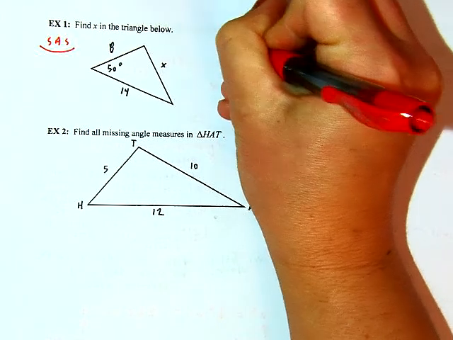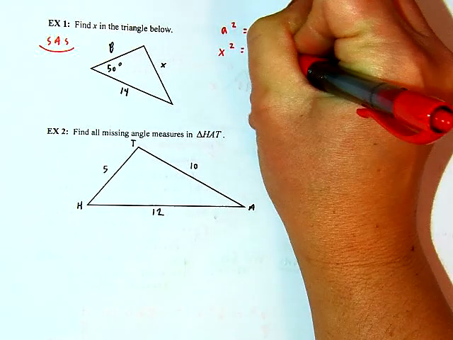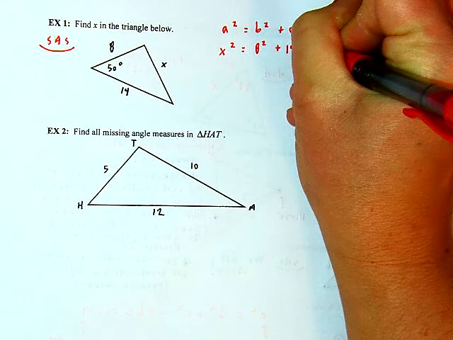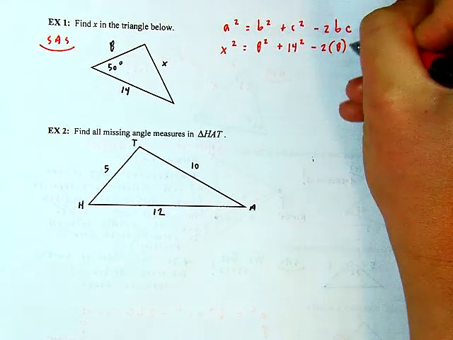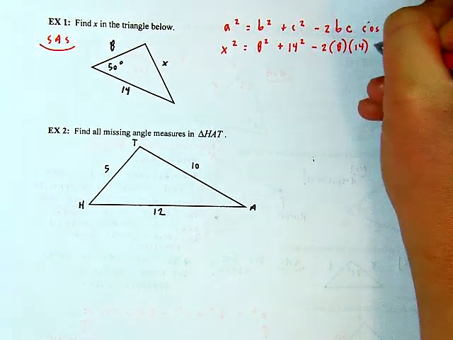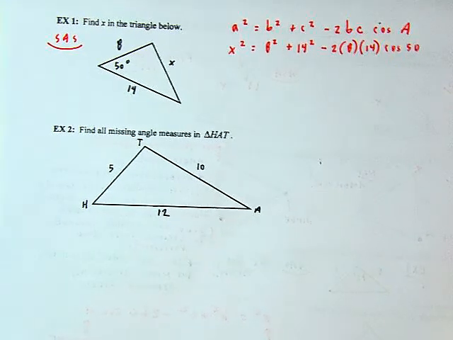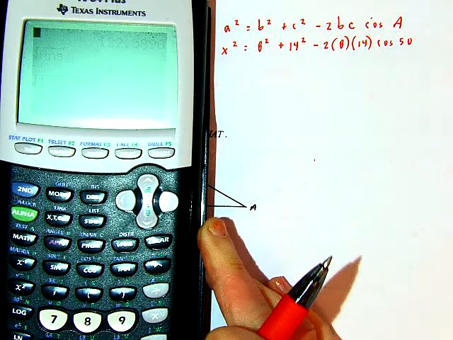So x squared equals, well, my other sides are 8 and 14. Again, the order, it does not matter. So 8 squared plus 14 squared minus 2 times 8 times 14 times cosine 50. Okay, all of that I can plug into my calculator, so watch me do that right now.